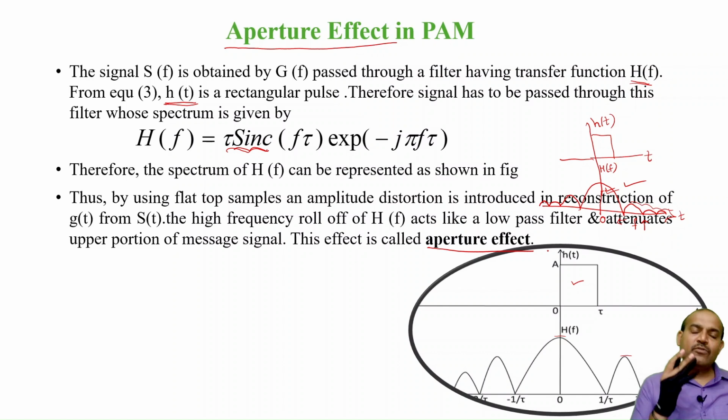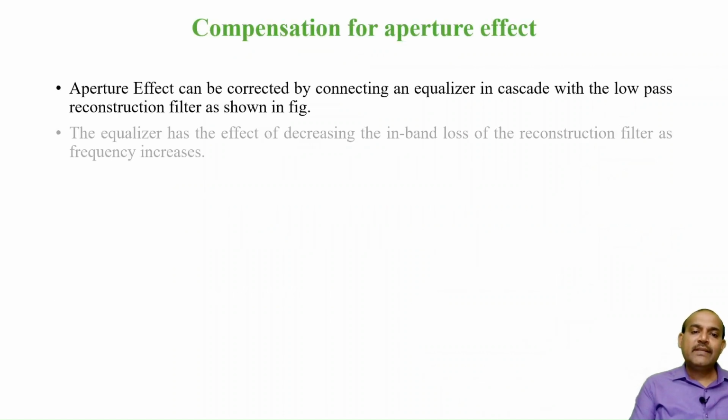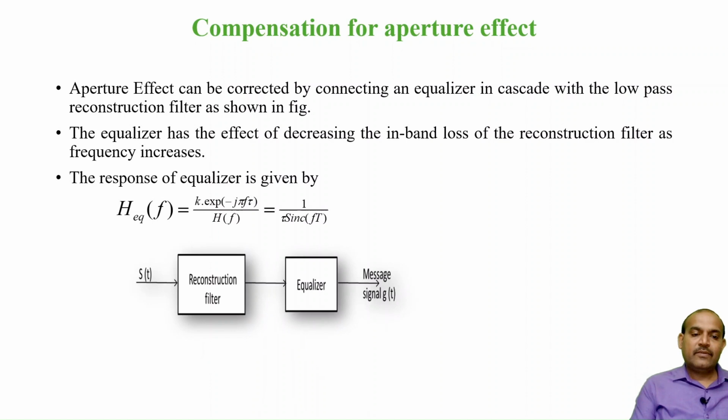So the next question is, how can you compensate this aperture effect? To compensate this, we will go for a technique called an equalizer. This is your modulated PAM signal. At the receiver, we have to reconstruct and get back the original signal, so I go for a reconstruction filter.